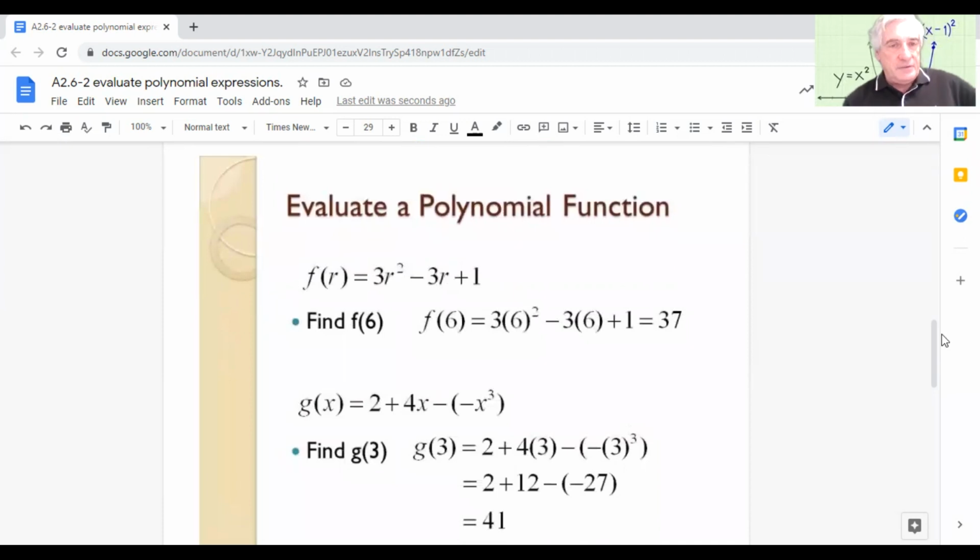All right, here we have function of r, and we're going to let r become 6. So we substitute. The 6 goes there and gets squared. The 6 goes there. We add the 1. We get 37. It's 6 times 6 times 3 minus 18, right? Six times 6 is 36 times 3.